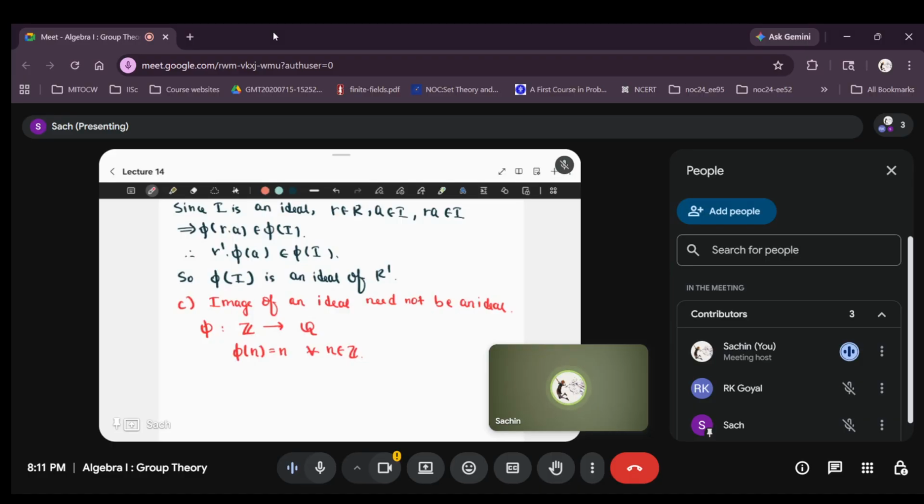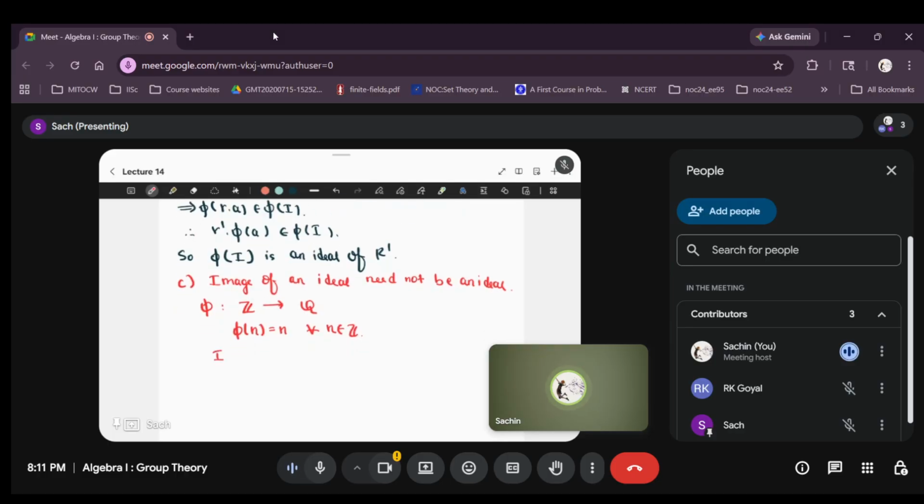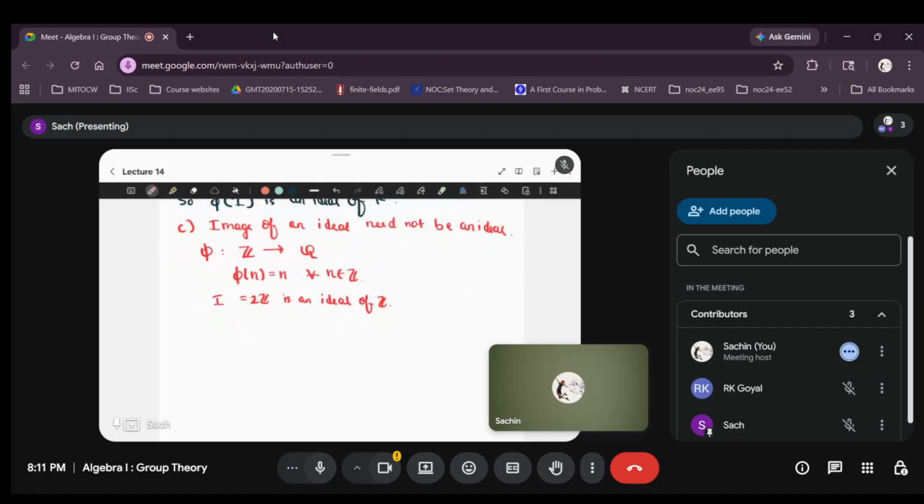Now consider I equal to 2Z, which is an ideal of the domain. Phi of I is also 2Z.